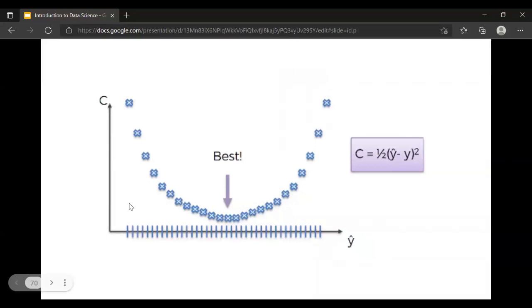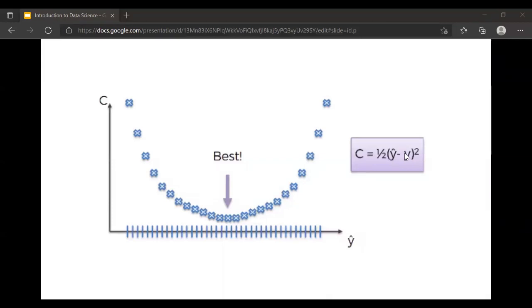Now if I plot a graph of this cost against our output, it is going to be a parabolic curve, okay? It's because it's a square function that we're using that it's going to be a parabolic curve. We need to find the lowest value of the cost, right?